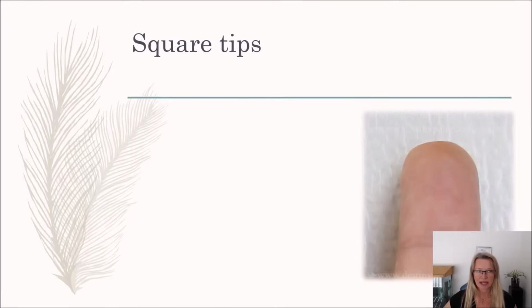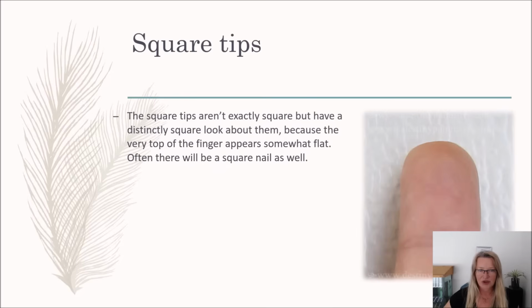On to the square tips. So the square tips, like I mentioned before, aren't exactly square, but they have a distinct square look about them. You need to compare it with a round tip before you usually actually notice the squareness. You can also look at the fingernail on the other side.